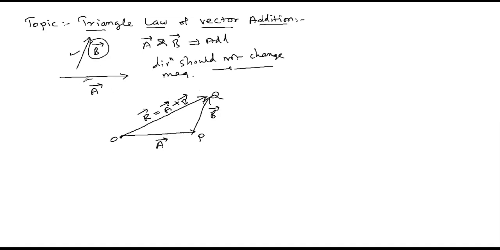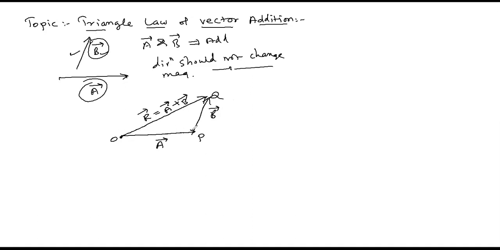See, vector A is given with its magnitude and direction, and the same I have dragged here as vector OP. Similarly, vector B having magnitude and direction, the same I have dragged here, which is parallel to this PQ. And the closing side is taken in reverse order.